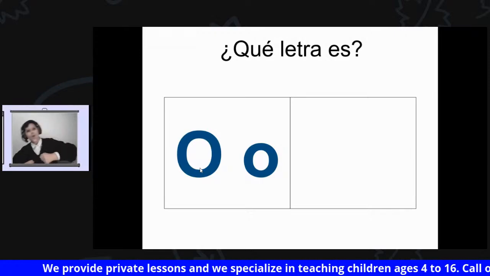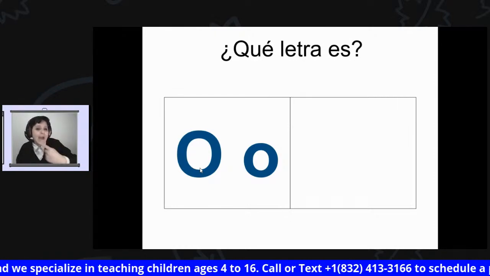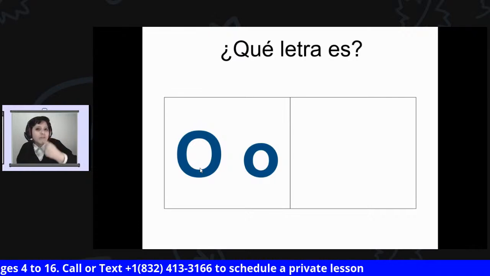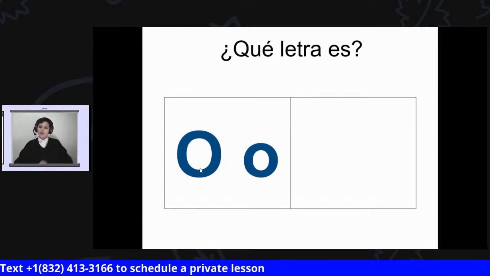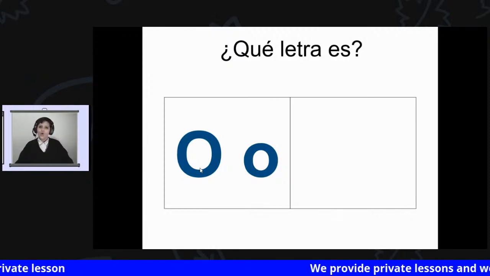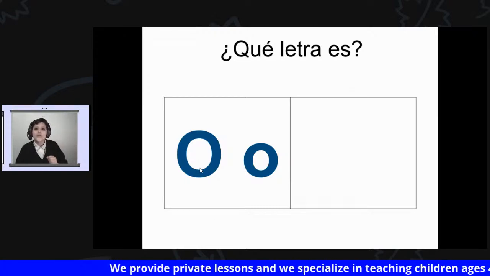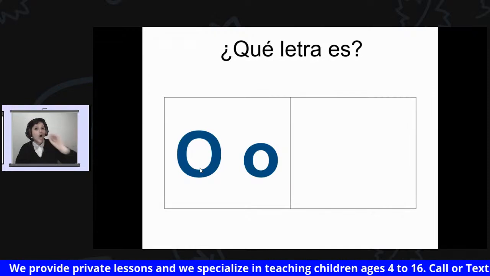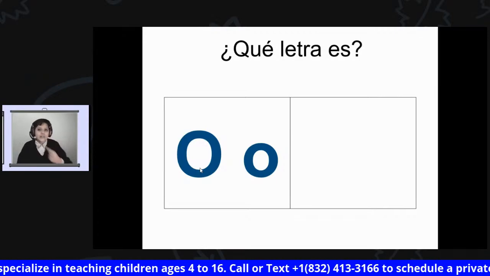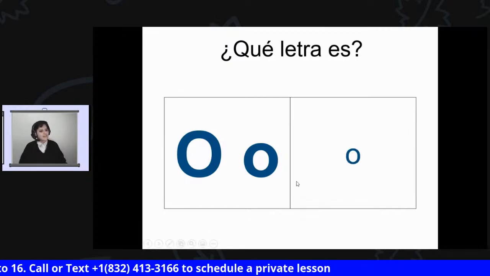Es la O. Repeat after me. O. So you need to actually try to do the O over here with your mouth, and then the sound comes from your vowels. So O. Try it at home. O. Teacher, is it O? Mm-mm. O. Round your lips so that the sound can come out.